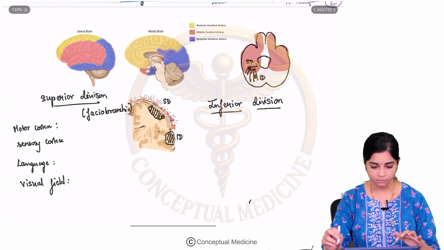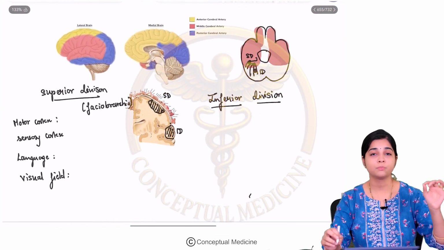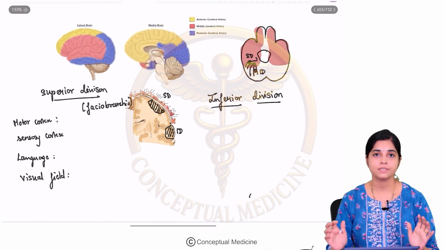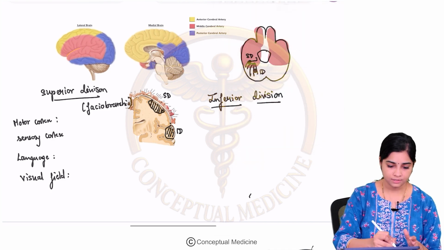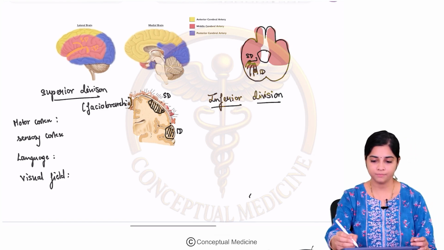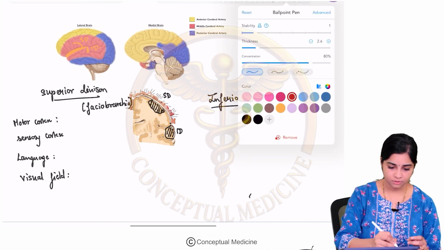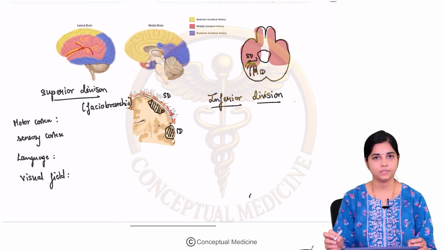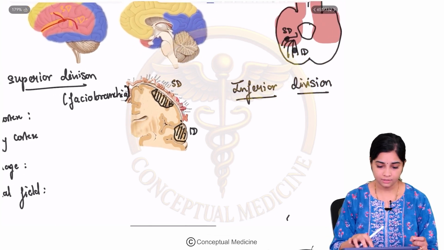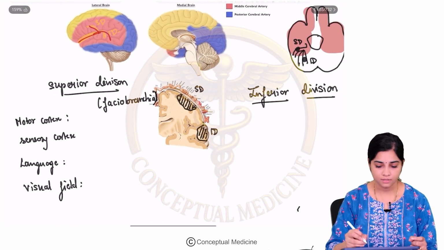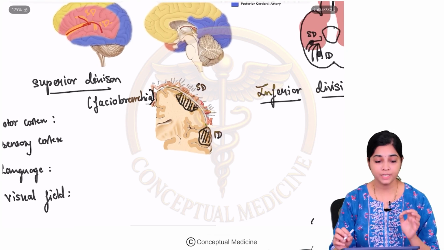Fine. Now let us understand how it will present if the superior division or the inferior division is separately involved. So this is your stem of MCA, this is your superior division, this is your inferior division. Okay, so it's clear here. So if the superior division alone is involved, let us look at the supply in the motor cortex and understand the weakness pattern.